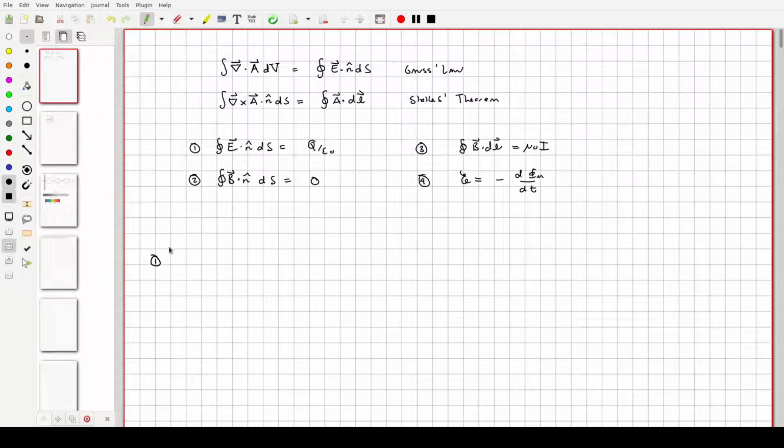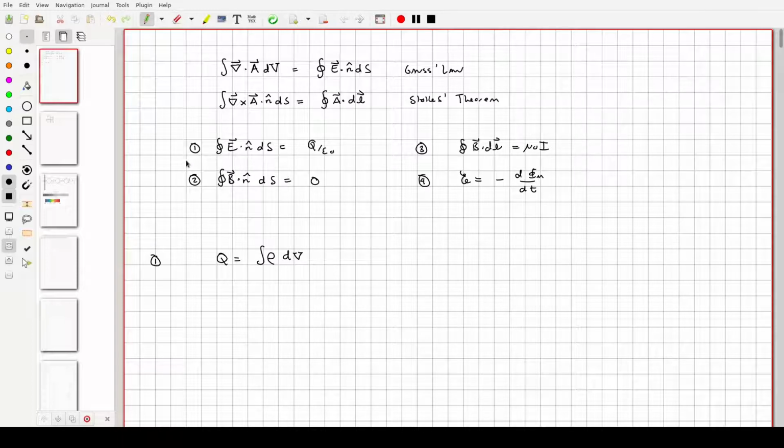So with number 1, what I'd like to point out is that the amount of charge in a volume is what you get when you take the density of that charge and you integrate it over the volume, like that.